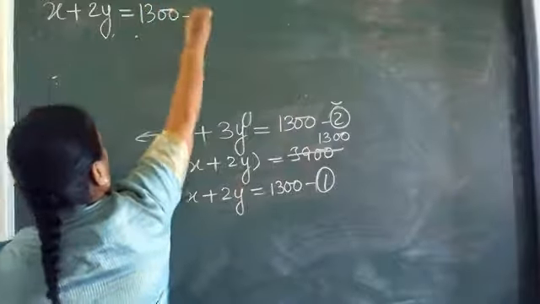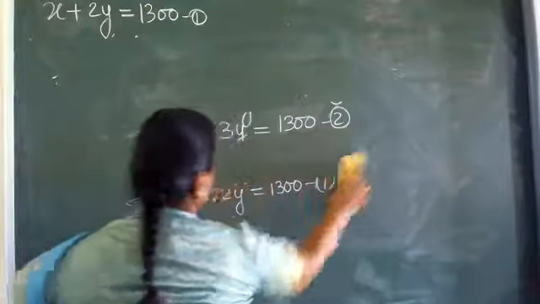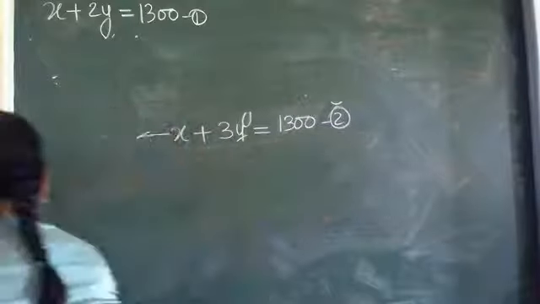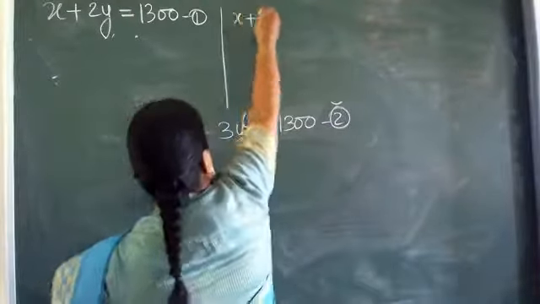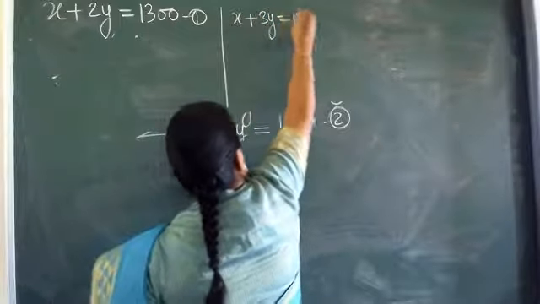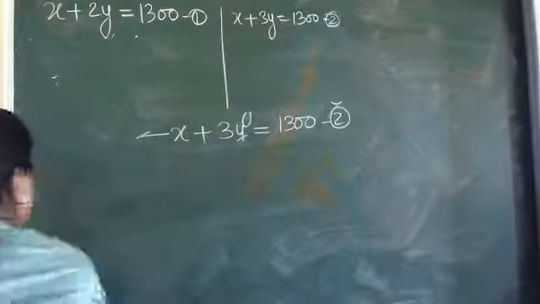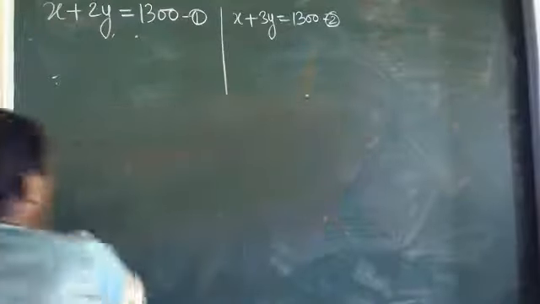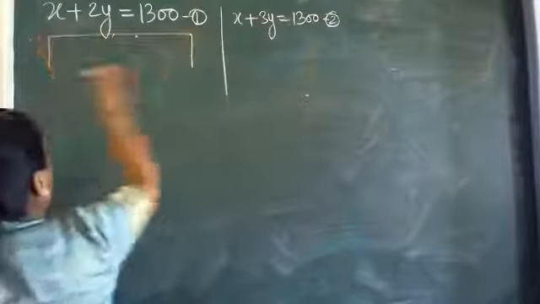This is the first equation. And the second equation is x plus 3y is equal to 1,300. This is the second equation. Now we form a table to find the values of x and y.